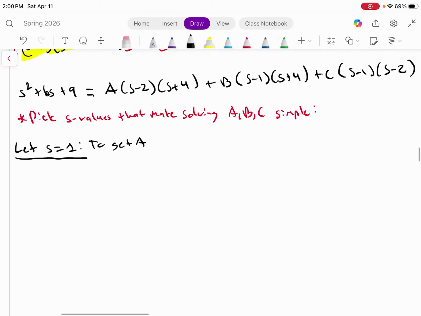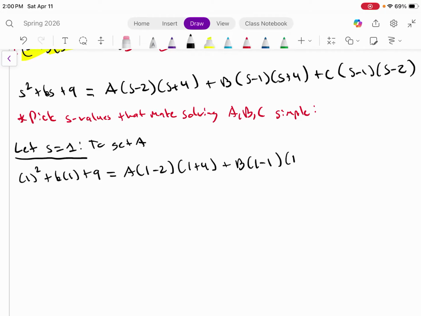I'm going to plug in 1 for every single s, so it'll be 1 squared plus 6 times 1 plus 9 equals A times (1 minus 2)(1 plus 4) plus B times (1 minus 1)(1 plus 4) plus C times (1 minus 1)(1 minus 2). Well, 1 minus 1 is 0, so anything times 0 just goes to 0.